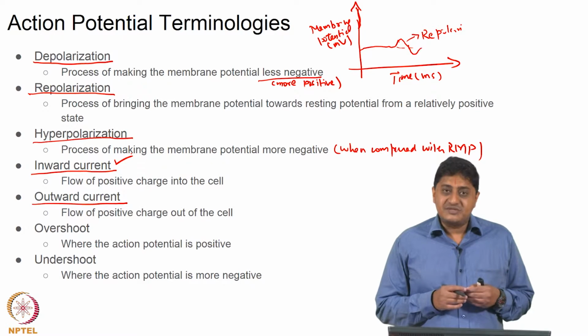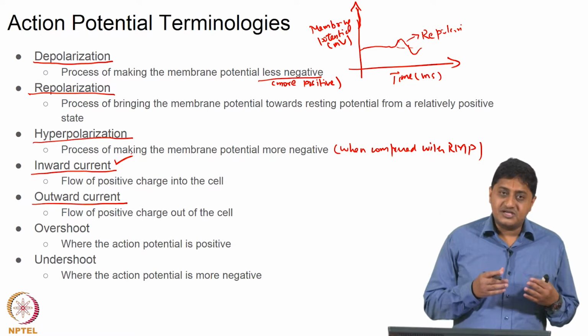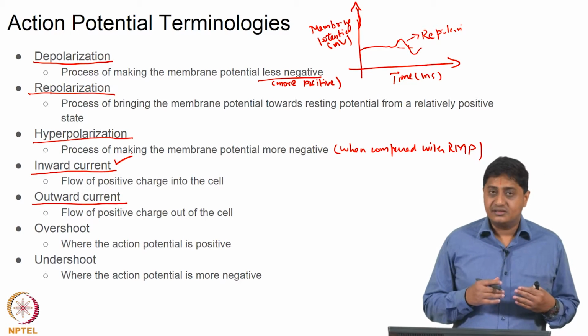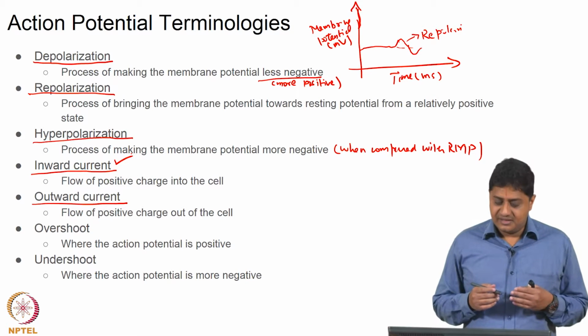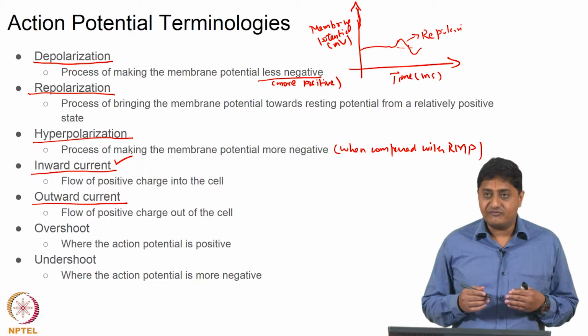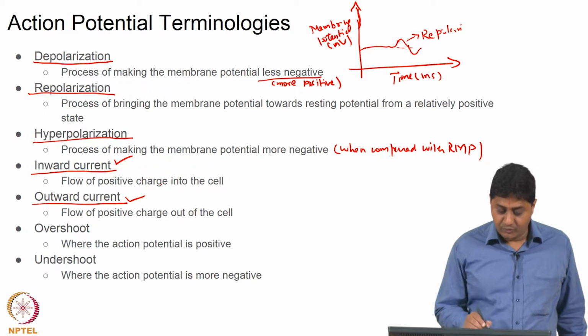Let us suppose a potassium channel is open. Let us also remember that the amount of potassium inside is greater than the amount of potassium outside. That will lead to flow of potassium from inside to the outside when the potassium channel is open. This is called an outward current.